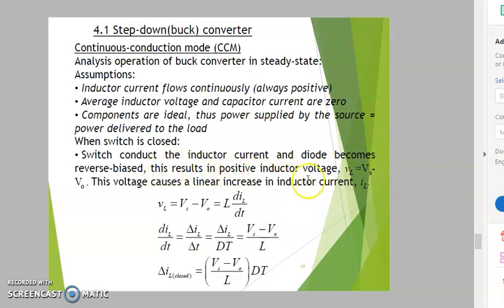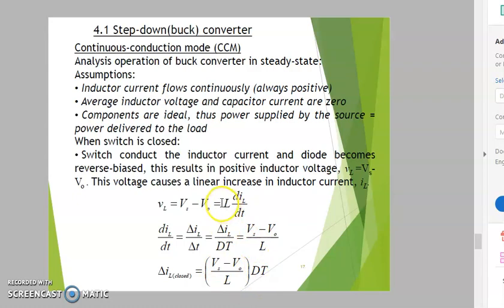So this results in a positive inductor voltage. The voltage causes a linear increase in inductor current, where the voltage across the inductor is V source minus V output. So the ripple here is the amount of V source minus V output divided by L times dt.